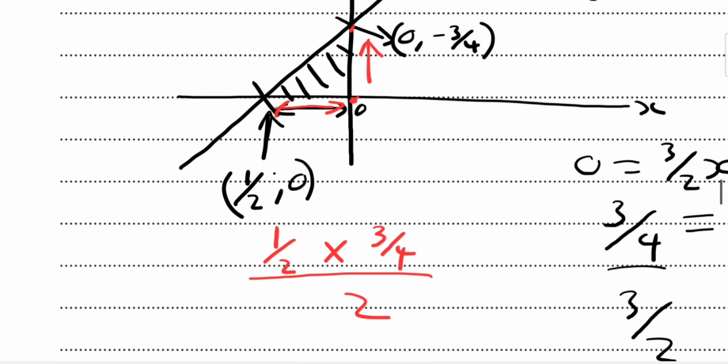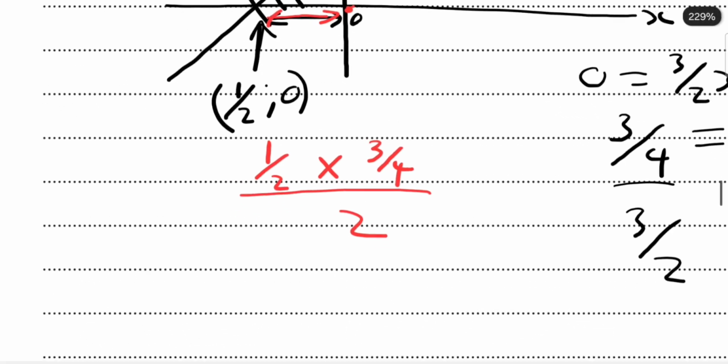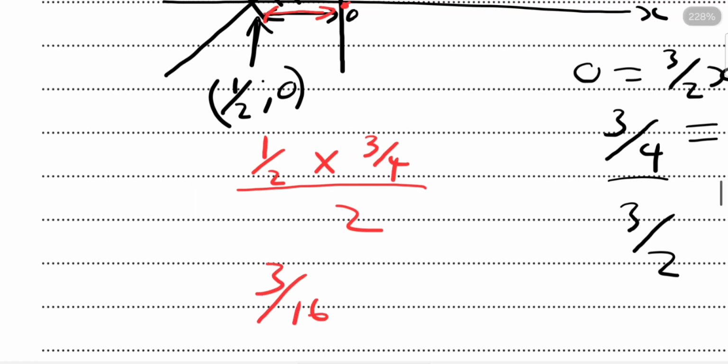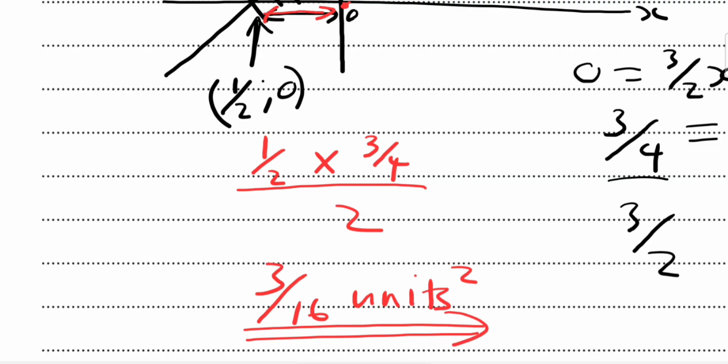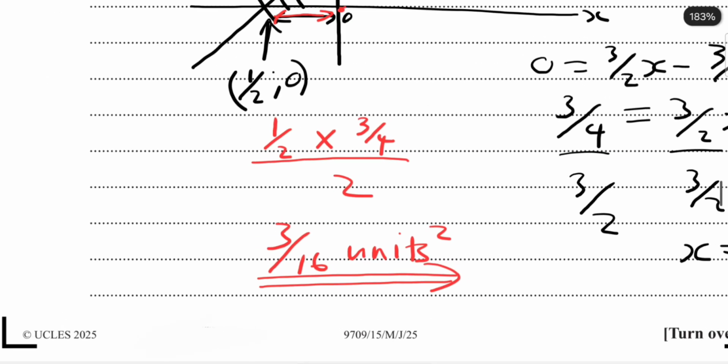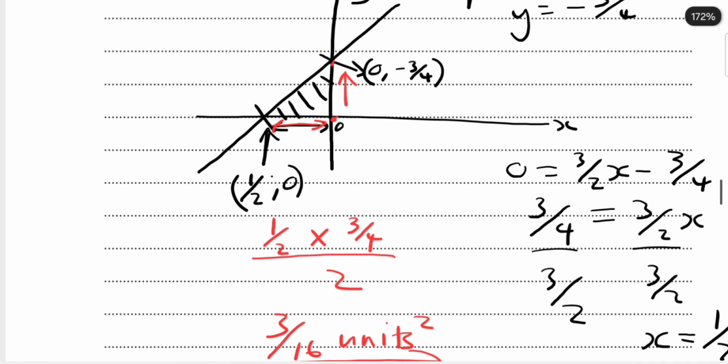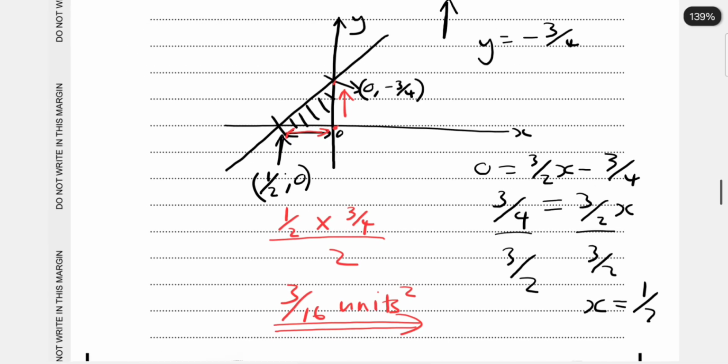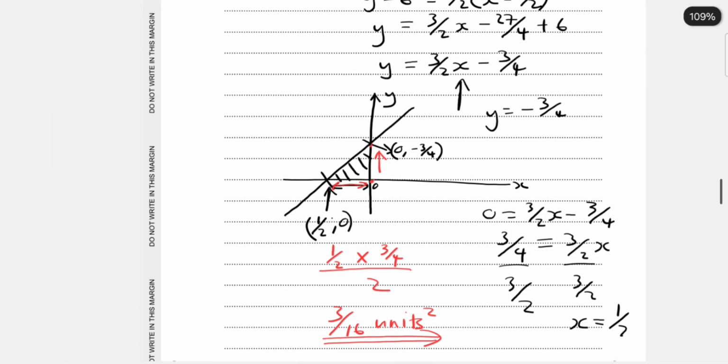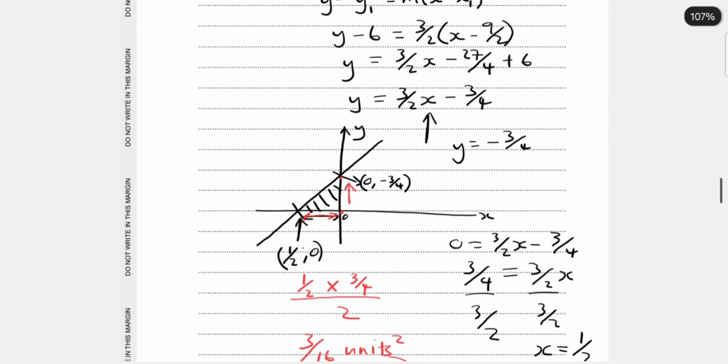Then area is base times height over 2, so it will be half times 3/4 divided by 2. Then we get 3/16 square units as our area, right? And that's it for number 7.